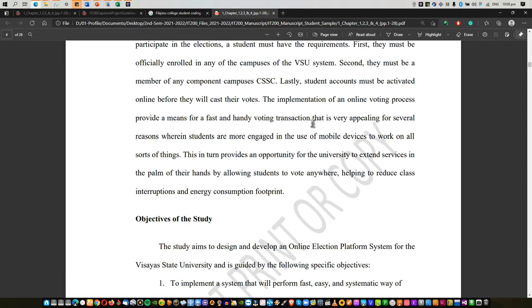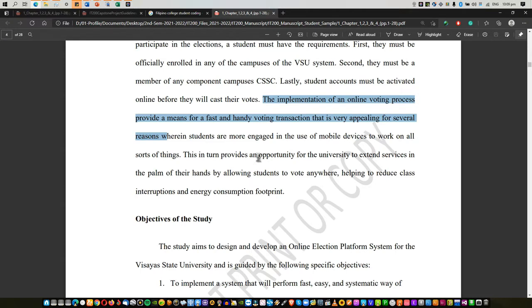Okay, so like this one, the implementation of an online voting process provides a means of fast and handy voting transaction that is very appealing for several reasons. Students are more engaged in use of mobile devices to work on all sorts of things.